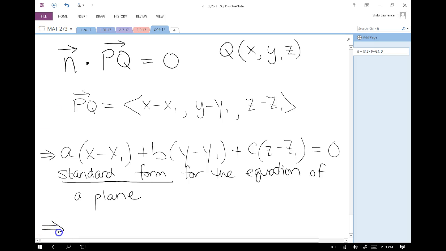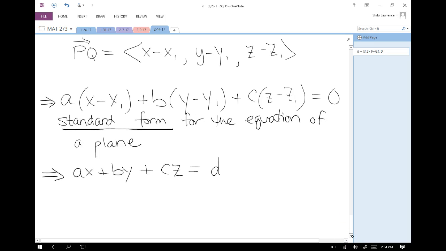So really, if we want to clean this up a little bit, we could write this as Ax plus By plus Cz equals D. Because A times x sub 1 is going to be a constant, B times y sub 1 is going to be a constant, C times z sub 1 is going to be a constant, and we could combine them all together and move them to the other side. That is called the general form for the equation of a plane.